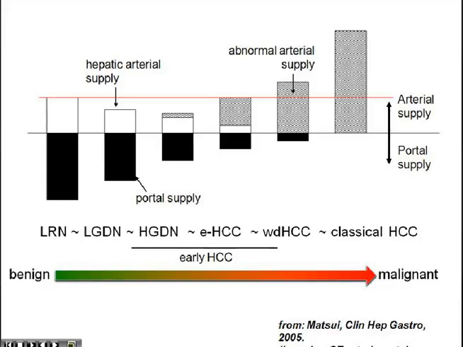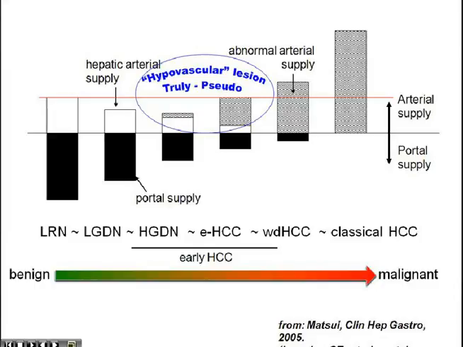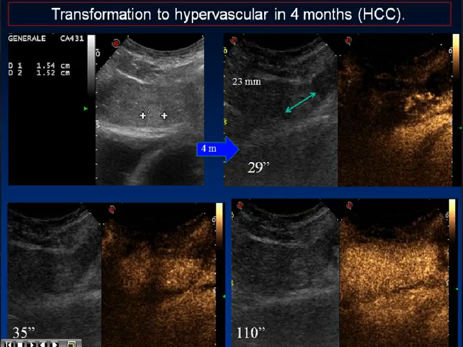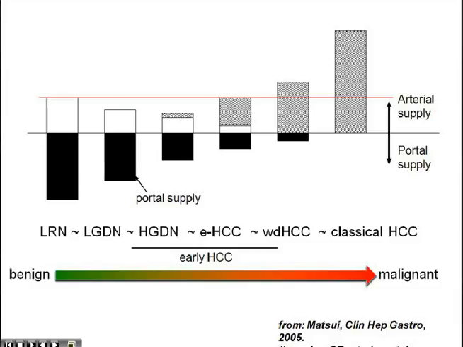And from a hypovascular lesion, which could be cancer or not cancer, in a few months, it became hypervascular. And this clearly shows how it tended to progress to frank cancer.